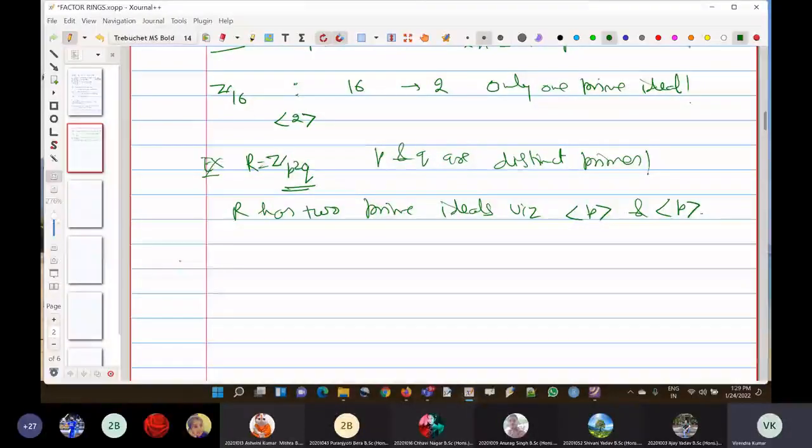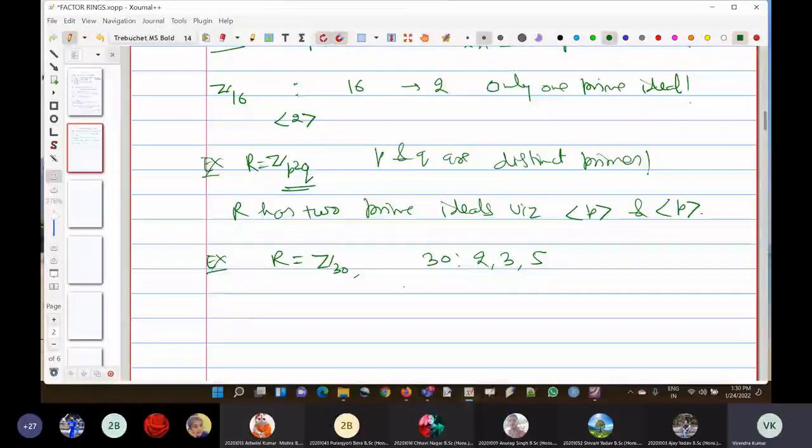Okay. What about the next example? Let us consider the ring R equals Z30. So the prime divisors of 30 are, what are they? 2, 3, and 5.